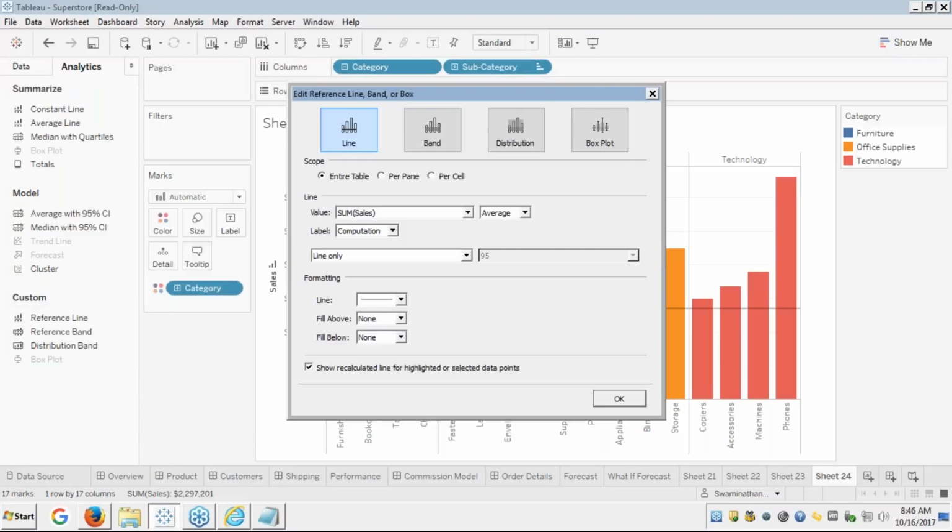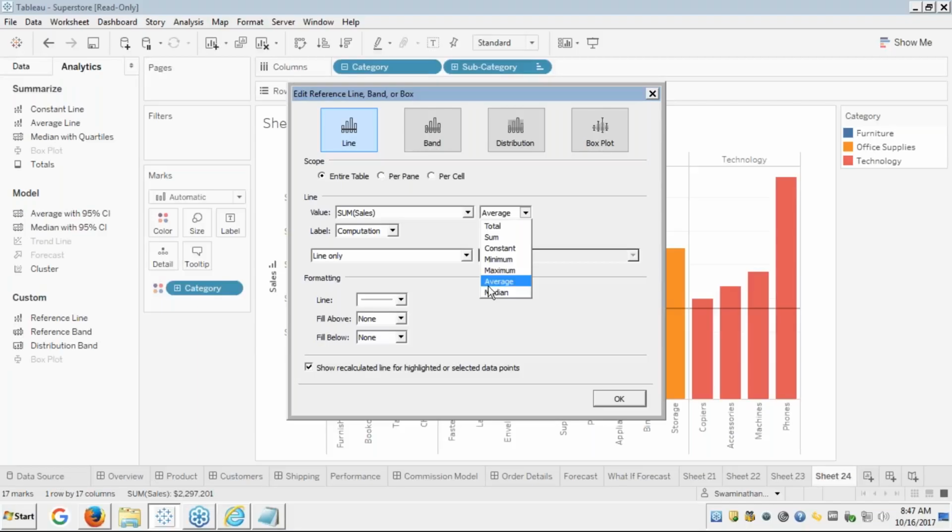As soon as I click on this reference line, friends, a new window opens, and it is basically saying to compute the line based on my average sum of sales, or maximum or minimum or some value, whatever you are choosing.